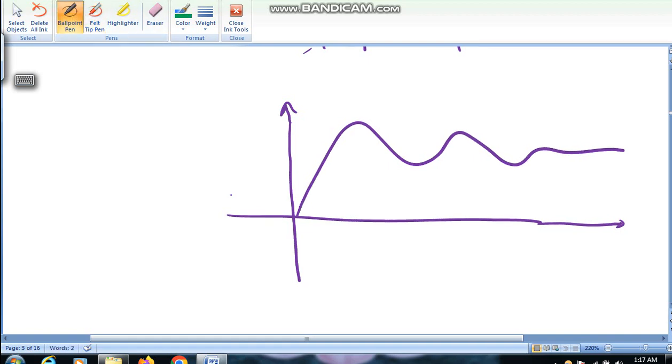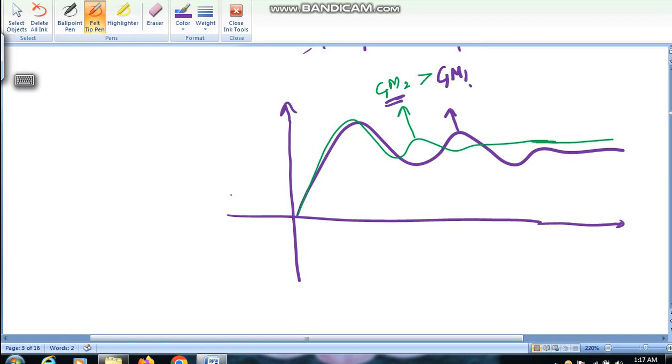Suppose we have two waveforms like this at the output. Here gain margin 2 is greater than gain margin 1. So in this case gain margin is higher as compared to this.